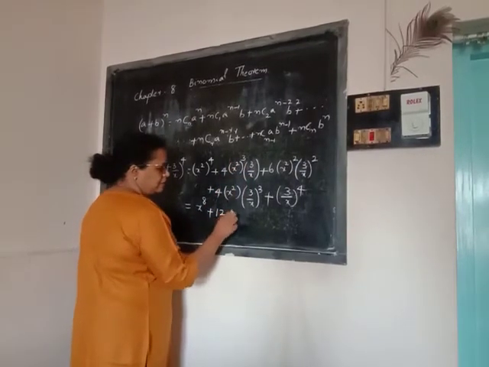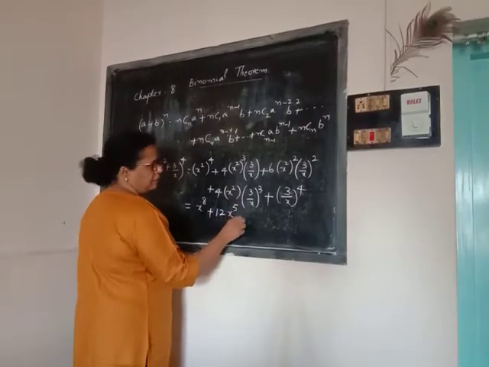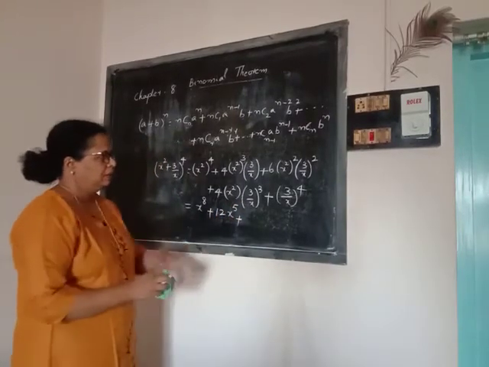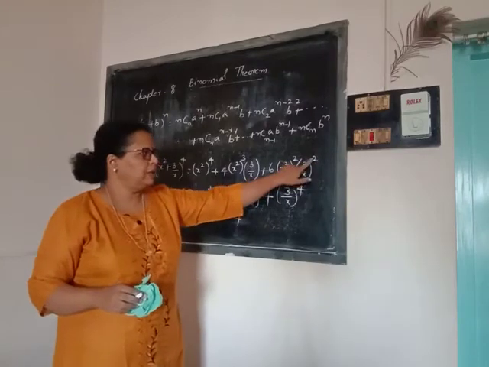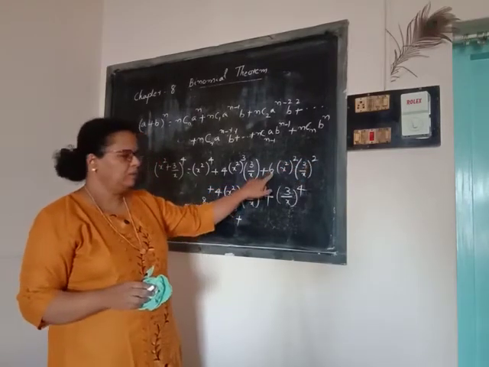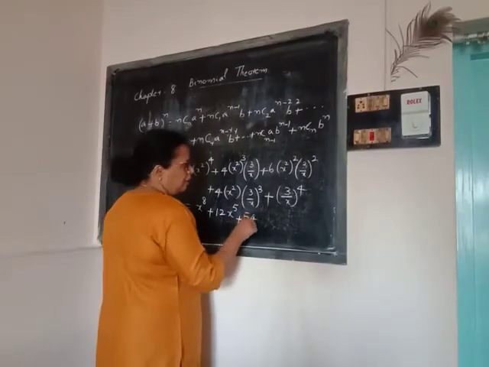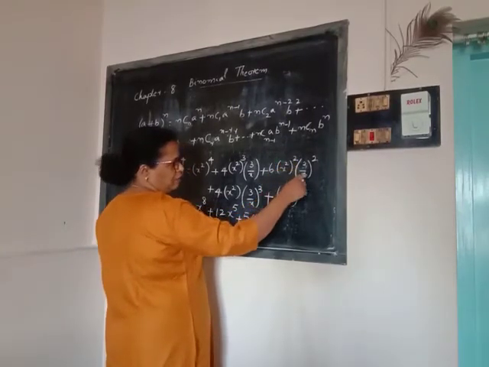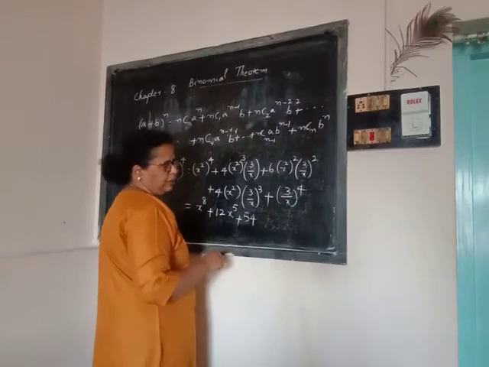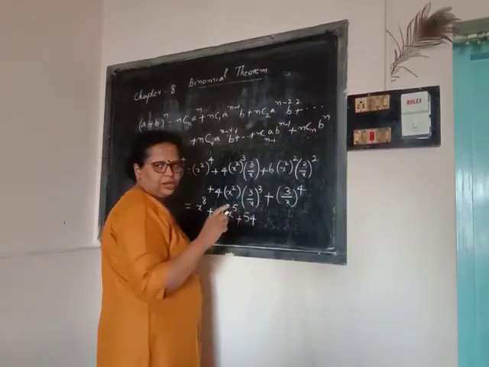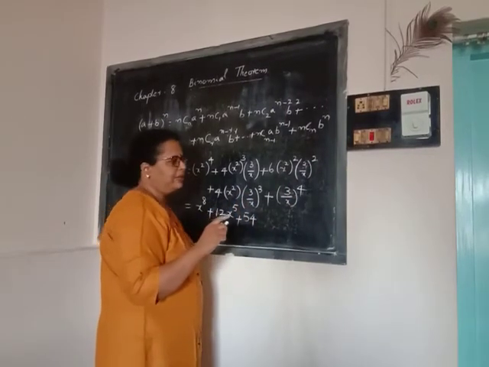So it is x raised to 5, plus, here it is 3 squared. 3 squared means 9. 9 into 6, so it is 54. Here it is x raised to 4, but down you will get x squared. So cancelling, a raised to m by a raised to n is a raised to m minus n.